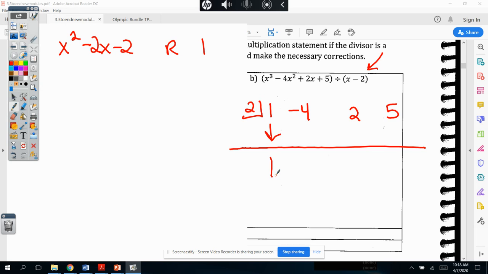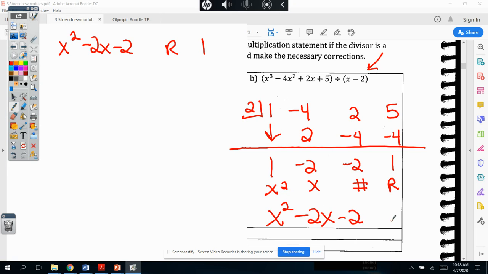That's the setup. Then we party. 1 times 2 is 2, and add negative 2. Negative 2 times 2 is negative 4, and add negative 2. Negative 2 times 2 is negative 4, and add, we get 1. Look at this. Remainder, number, x squared, and my answer is x squared minus 2x minus 2, remainder 1, which is exactly what I figured out from yesterday.